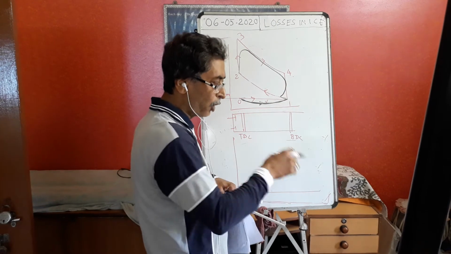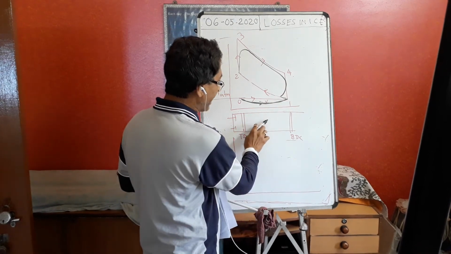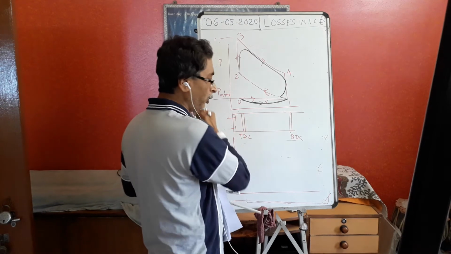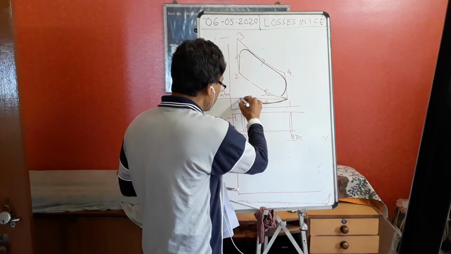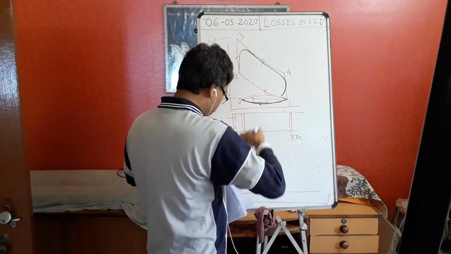But when it exhausts, if the pressure is atmospheric, then it cannot drive out the exhaust gases, so the pressure must be more. So this is the curve.